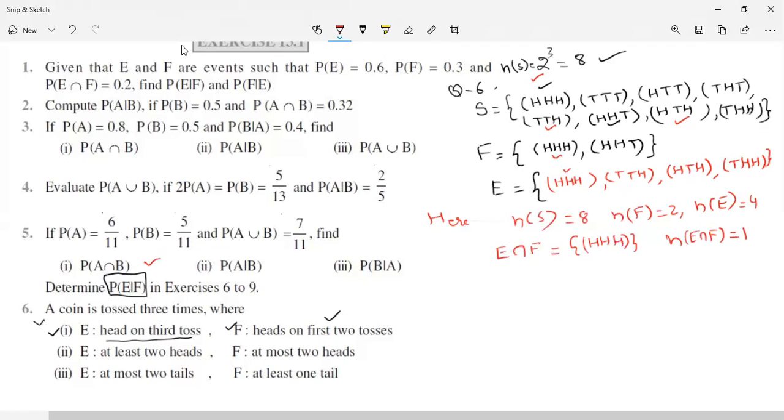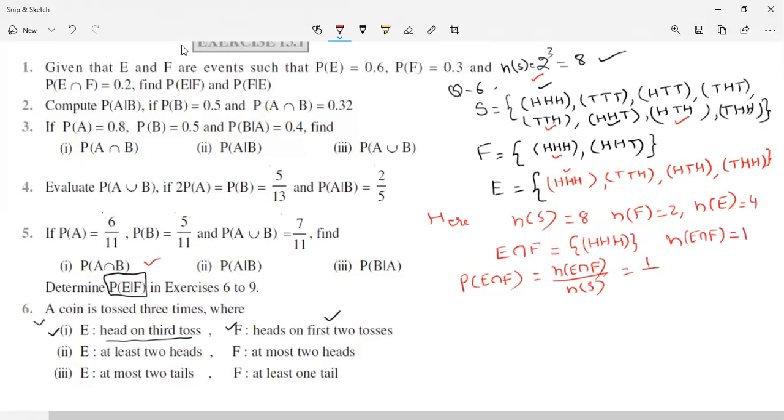Now we have to find the probability of the event. So we can find separately first the probability of E intersection F, because we need the probability of E intersection F and the probability of F. So P(E intersection F) is the number of outcomes favorable to E intersection F upon total number of possible outcomes.